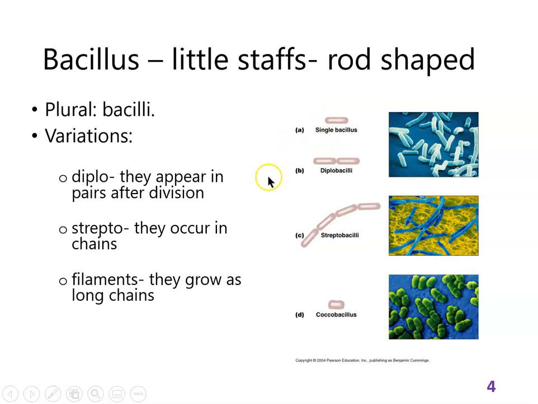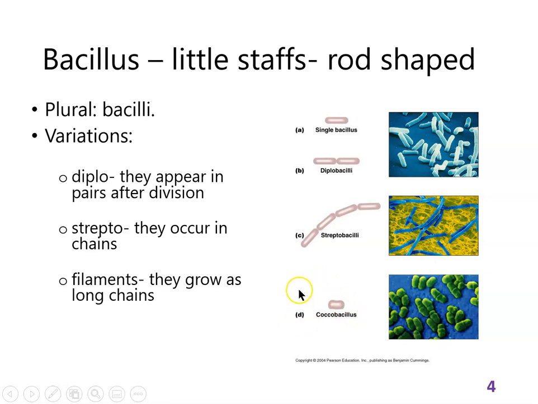But what I do want to point out is that some of them can grow as filaments. So they grow in really, really long chains that would have like 100 cells in a row. More important than that is that the length of these differs. They all have roughly the same thickness for whatever reason.